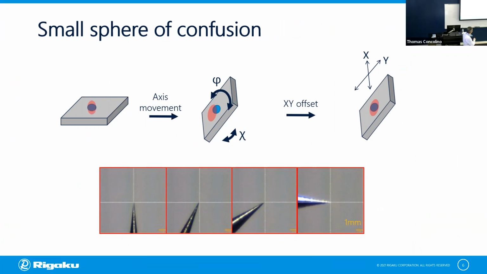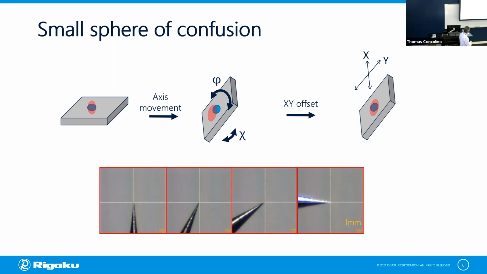Depending on phi and chi, where phi is the rotation and chi is the tilt, depending on the angles, the software is going to have a correction table, and the software is going to drive the XY stage behind the sample to keep the illuminated area constant for the X-ray illumination. By that way, the X-rays are kept constant in terms of the illuminated area.